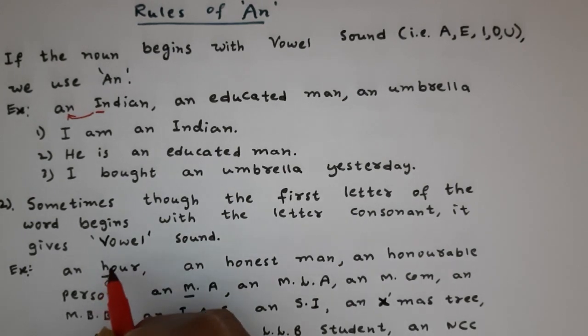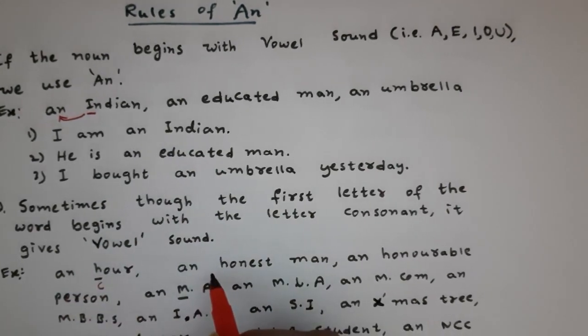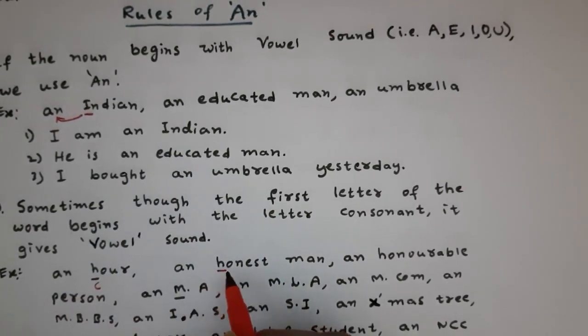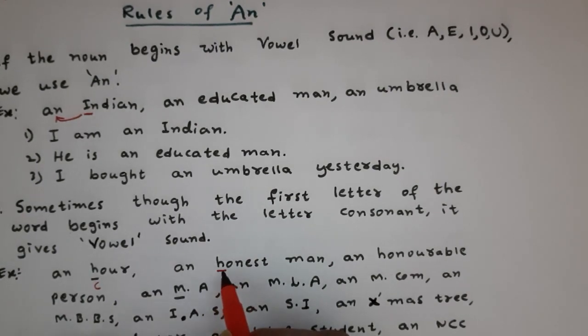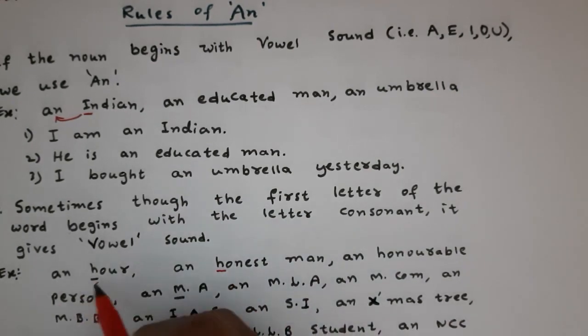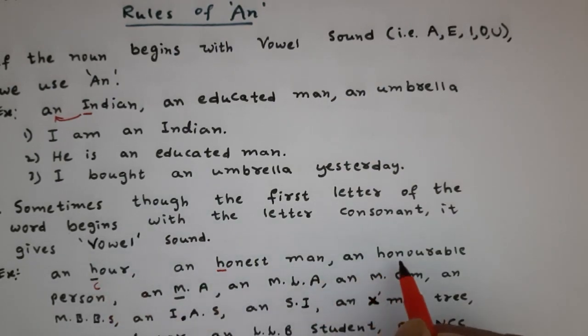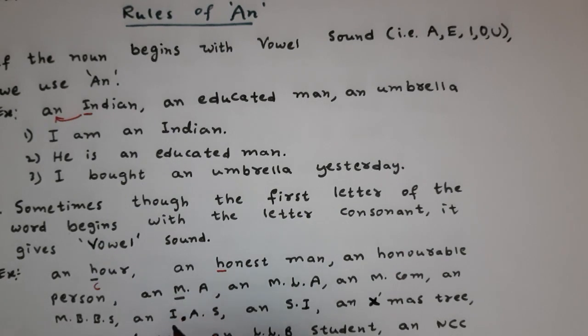You observe here, hour, that vowel sound. That's why we should use an. And next, honest. In the same way, though it is a consonant, it is giving a vowel sound. That's why we have to use an. So, an hour, an honest man, and an honorable person, like that.